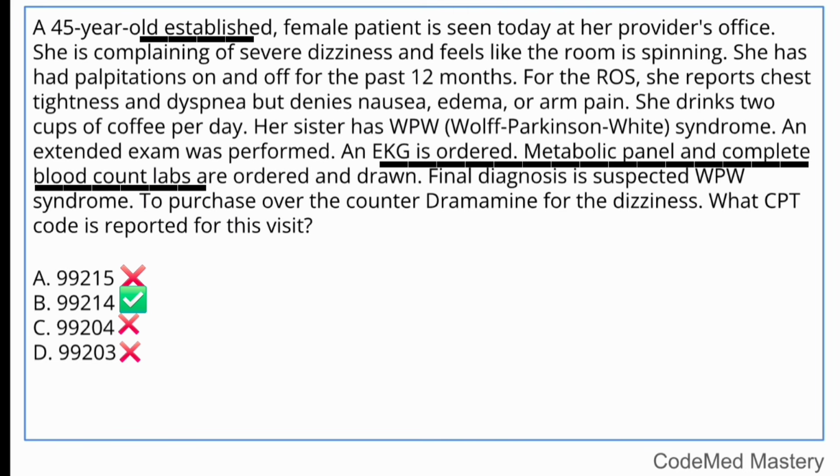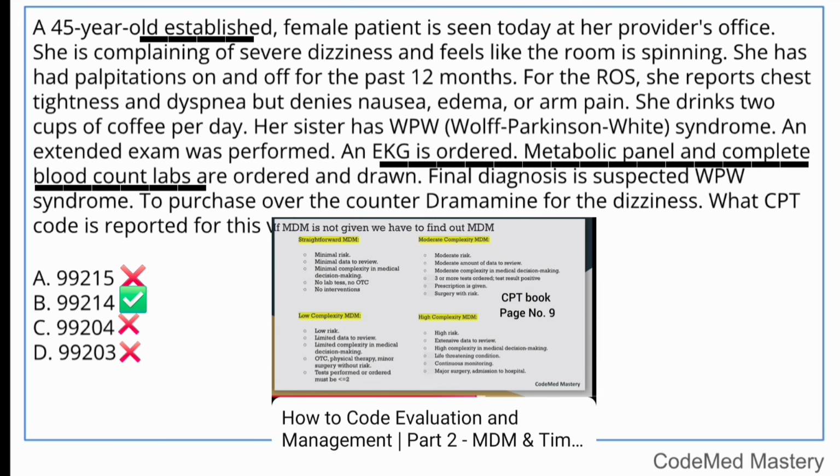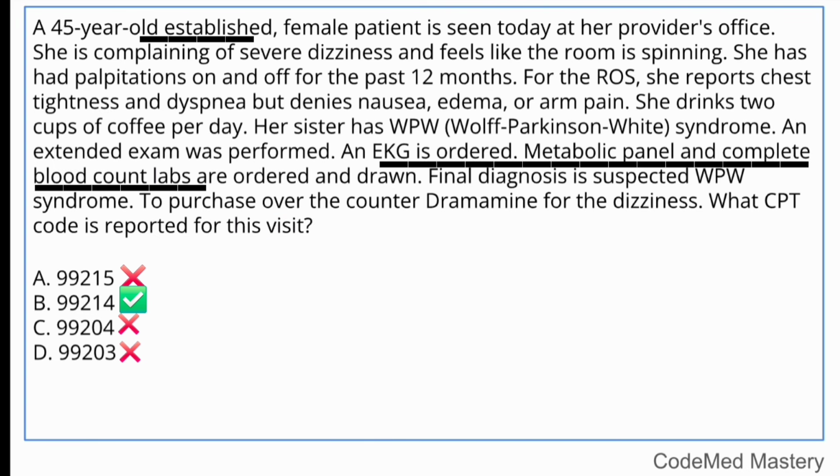And the final diagnosis is suspected Wolff-Parkinson-White syndrome. I have explained the MDM table in detail in my video How to Code Evaluation and Management Part 2, MDM and Time Guideline. Please watch this video and write everything down in your CPT manual. It will be very helpful for deciding MDM. Therefore, the right answer will be option B.